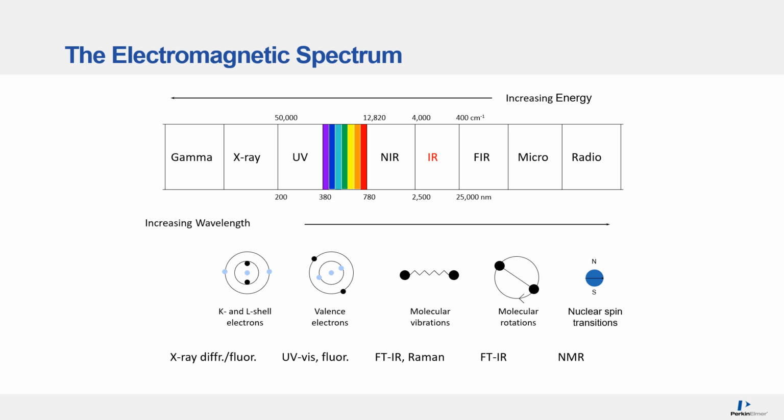This slide shows the electromagnetic spectrum. We can see that different regions of the electromagnetic spectrum are suitable for different analytical techniques, all giving us different information about how the material is made up. The portion we are concerned about is the region from 50,000 wave numbers to 40 wave numbers, or 200 nanometers to 250,000 nanometers.